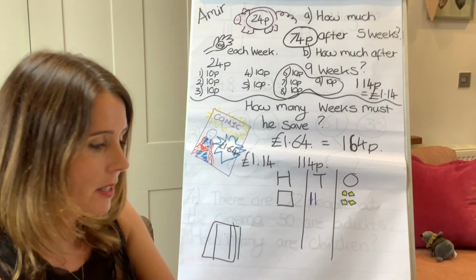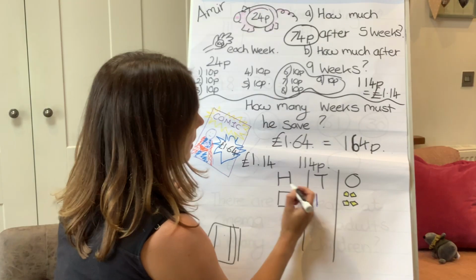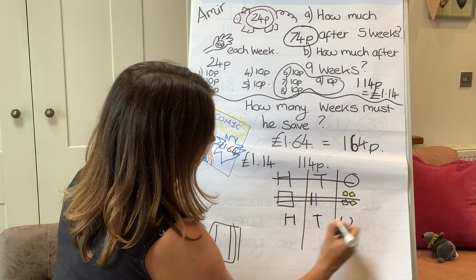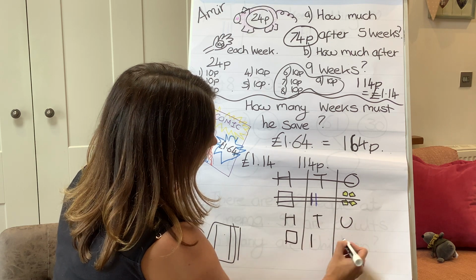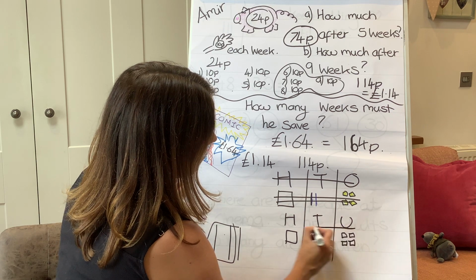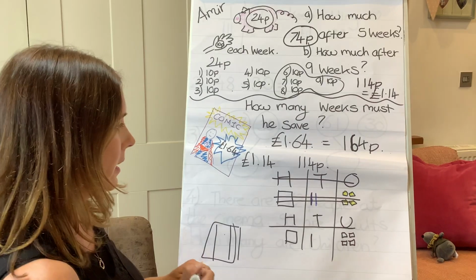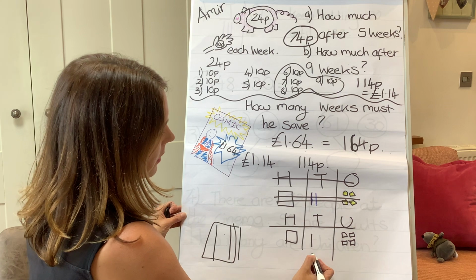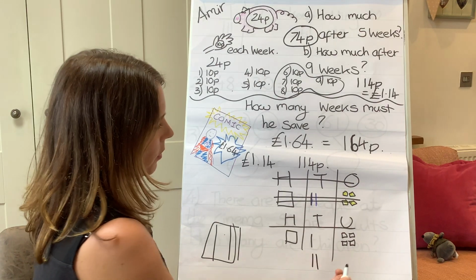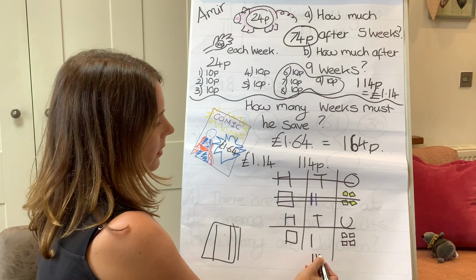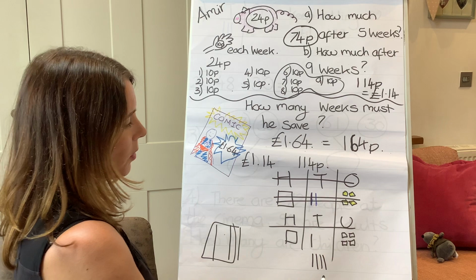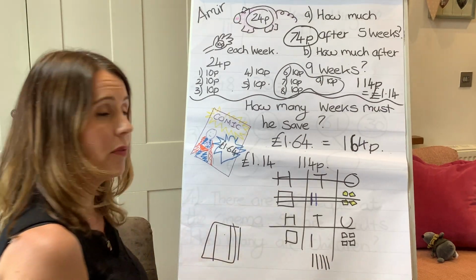Actually, what might be a better idea is if I'm going to get rid of that and I'm going to draw it, so we'll add on what we're adding on underneath. So we've got 114, so we can add on another 10, that's 124, another 10, 134, another 10, 144, 154, and the last 10, 164.